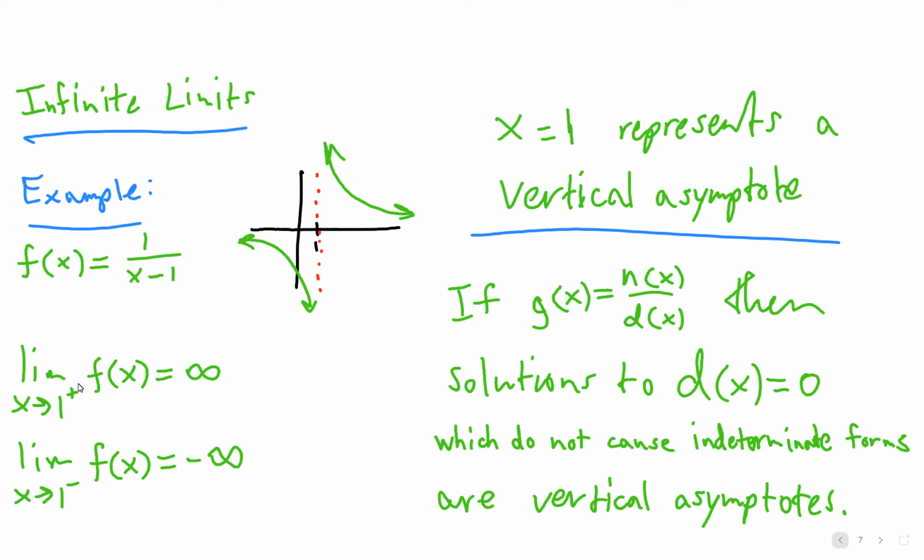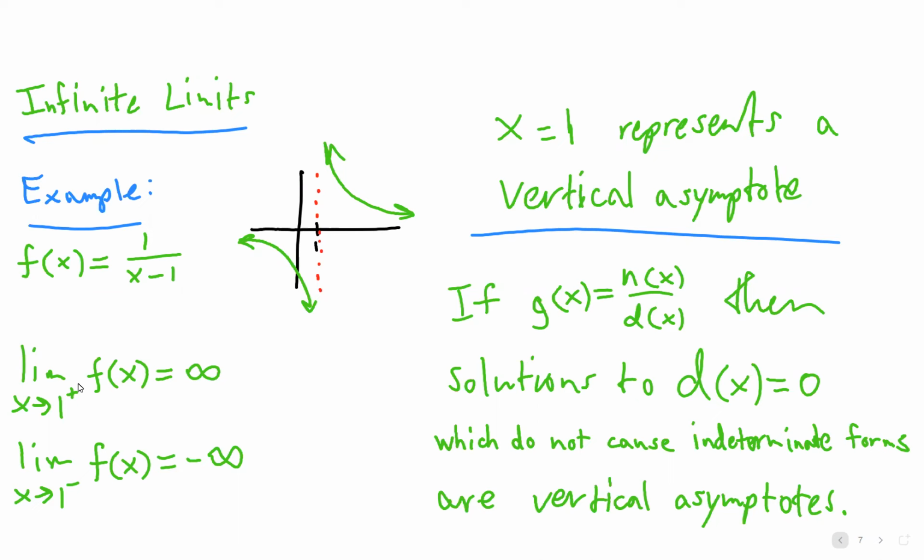And as large of a number as we wanted to get, we could find an x value which is close enough to 1 to reach that value for the function. So any positive valued number we can reach by choosing an x such that it's close enough to 1 to be that high when we do f of that number.